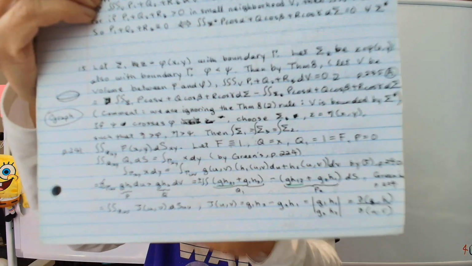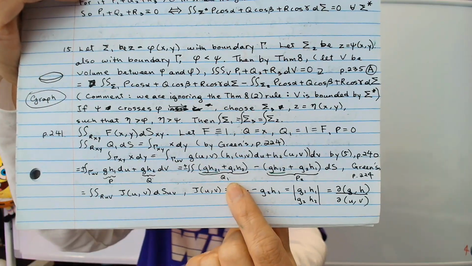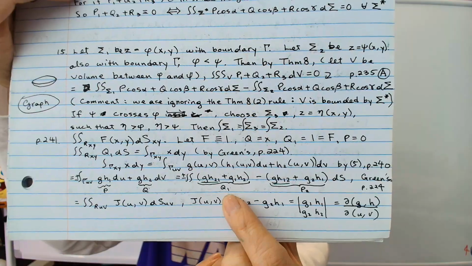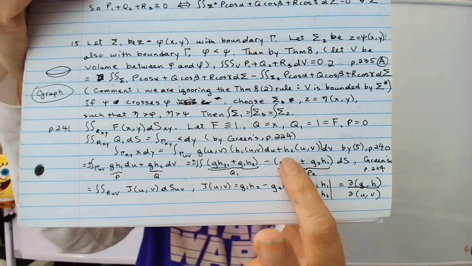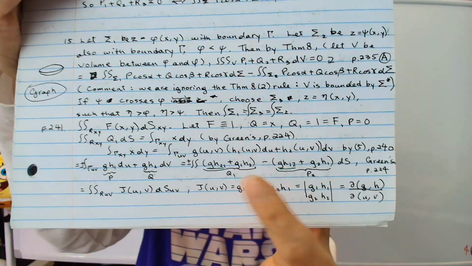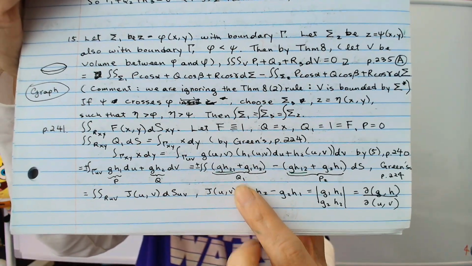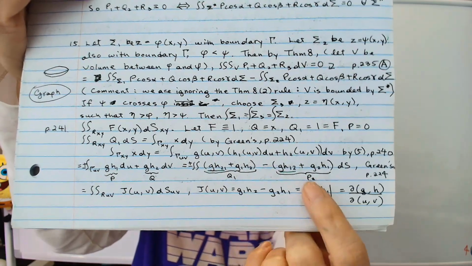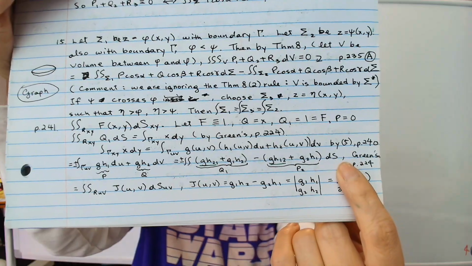So this is q1, which is the partial derivative of q with respect to u. What was q again? Q is g h2, which is g times h2. By applying the product rule, we get this thing. And similarly, p2 is this thing right here.